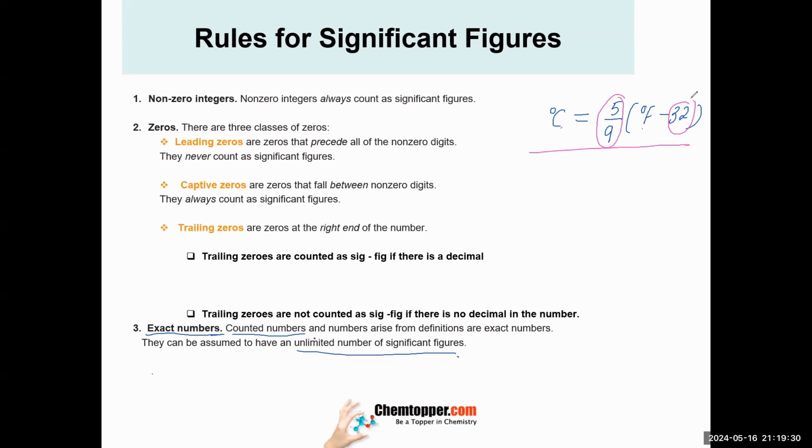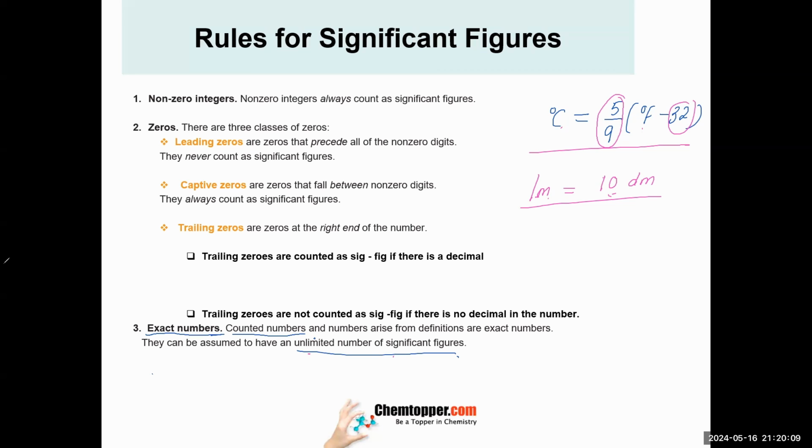So they are exact numbers. And they have unlimited number of significant figures. Like we know that 1 meter is 10 decimeter. This is by definition. This is a defined conversion. So here these are exact numbers with unlimited significant figures.